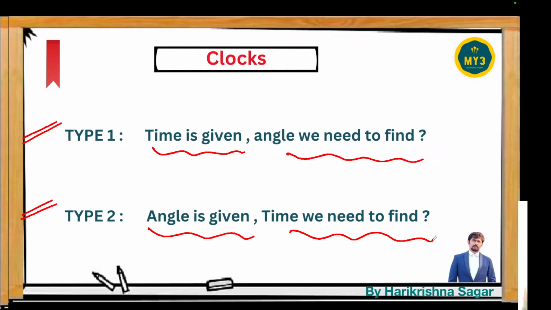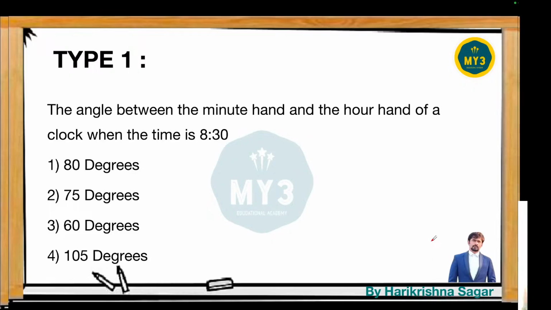How can we solve this type of question? In type 1, when time is given, it will be clearly given in the question, and they will ask us to figure out the angle. You just need to remember one simple formula.